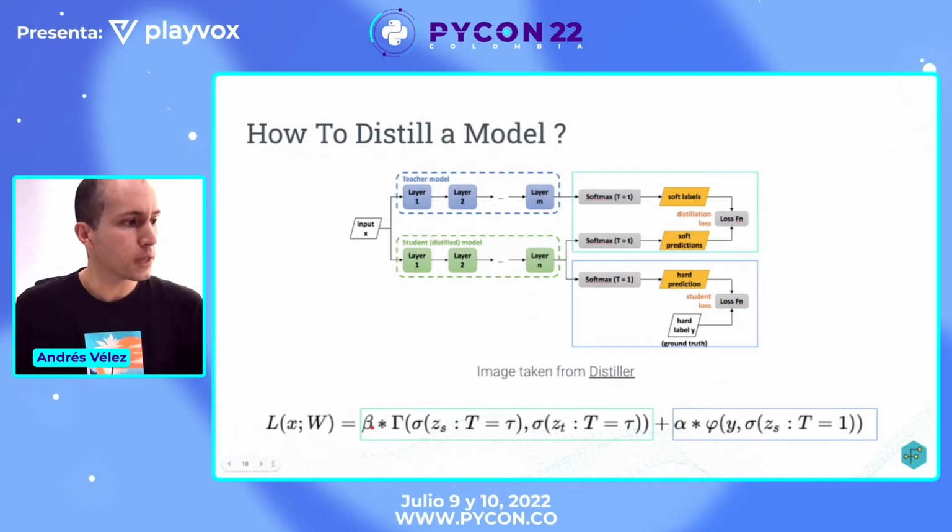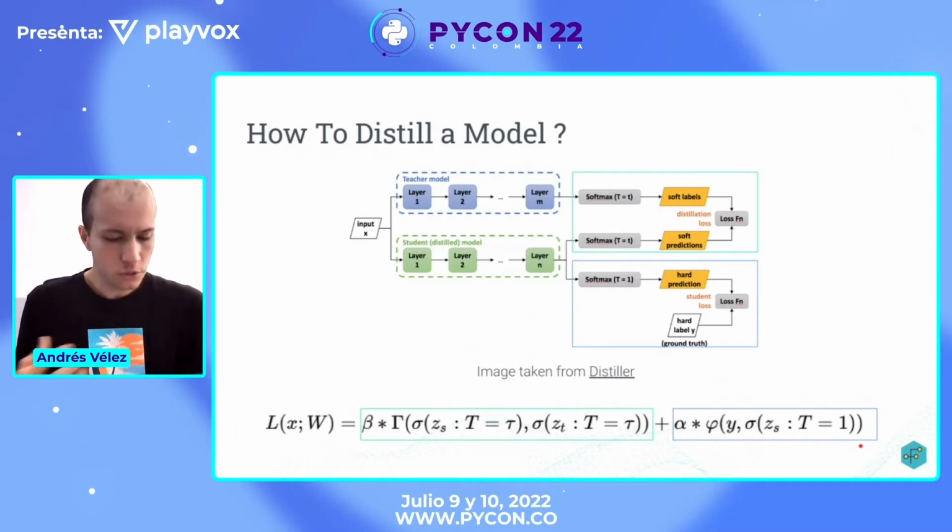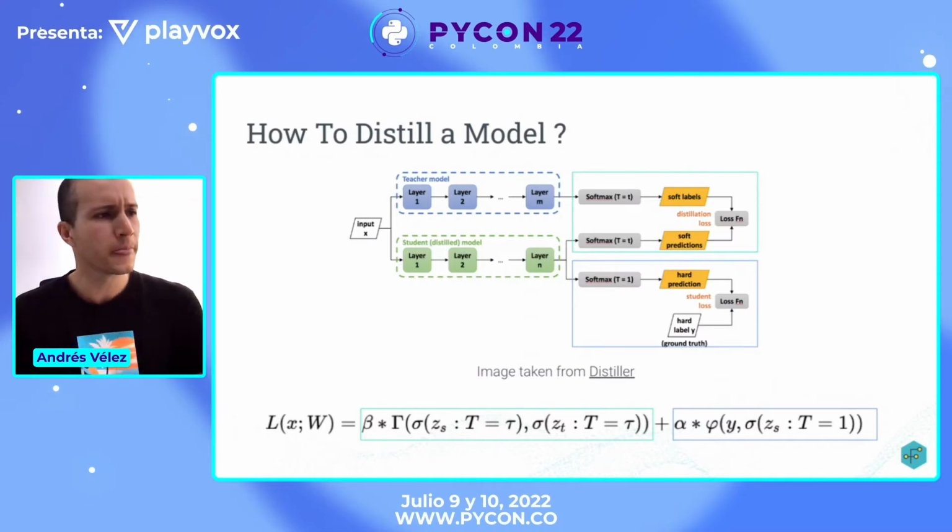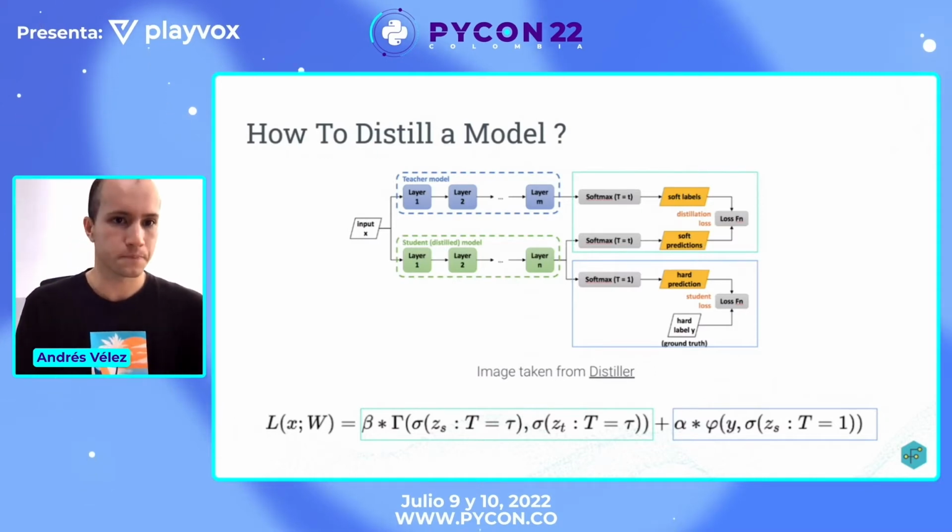So we multiply beta times the output of the MSE error plus alpha times the cross entropy function. We are going to check in more detail how to code this loss function in the demo part.